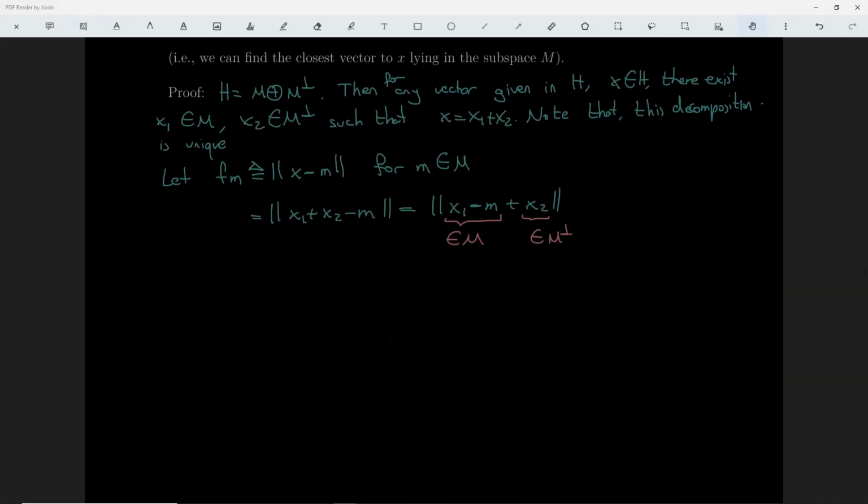So the next thing I will do is inspect the norm square of this expression over here. So let me write it down, passing to the inner product. Let's inspect the norm square of x1 minus m plus x2, which can be written as the inner product of x1 minus m plus x2 and x1 minus m plus x2 itself.